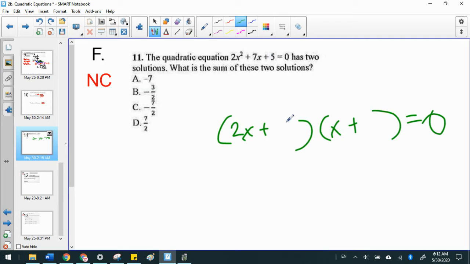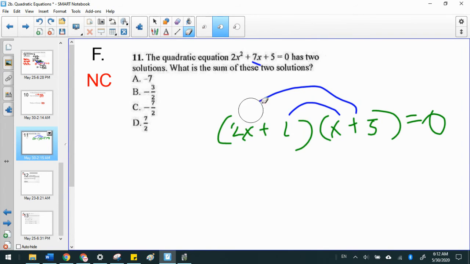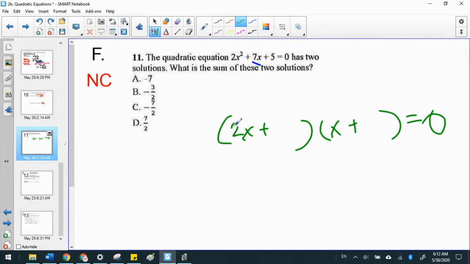So if I try 1 here and 5 here, they'll multiply into 5, no problem. But when I distribute, the 2x will multiply by the 5, 1 will multiply by the x. So then I'm going to end up with 10x plus 1x, which is 11x, which is clearly not the situation that we want to deal with here. But I just guessed and checked that super quick. So we still have plenty of time to switch the order of the way we place those two numbers.